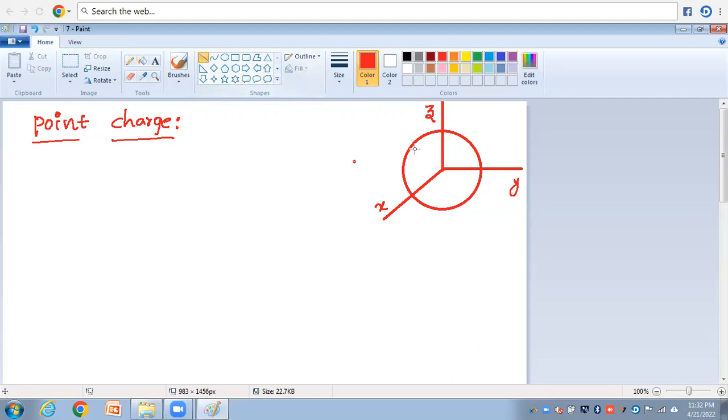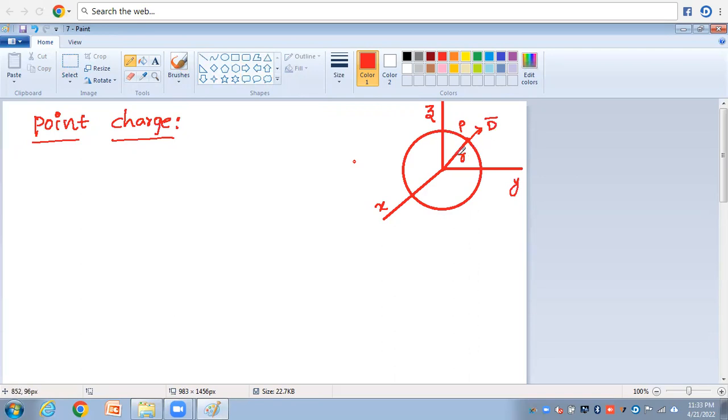Consider any one point in this space, denoted with point P. There is a field vector, this is called D bar. The radius is r.